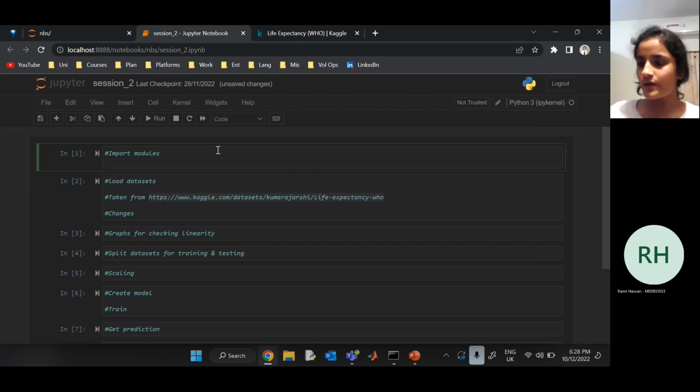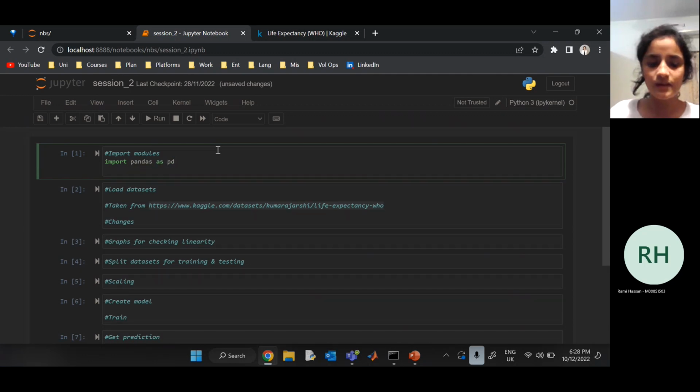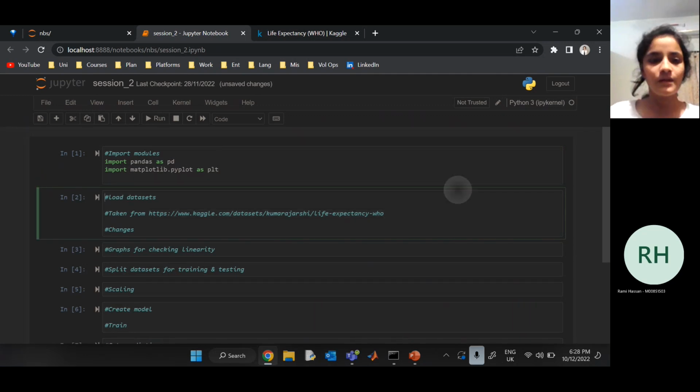So first importing all the modules. I'm going to import pandas as pd to deal with the data set. Pandas and matplotlib. Okay. Import matplotlib.pyplot as plt. And then we're finally going to import our object from sklearn.